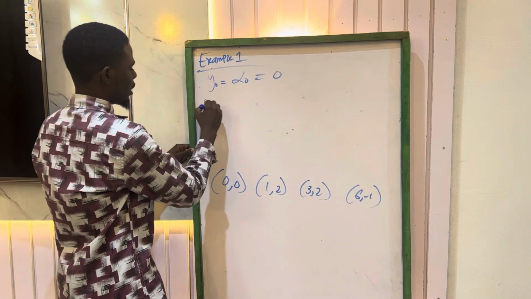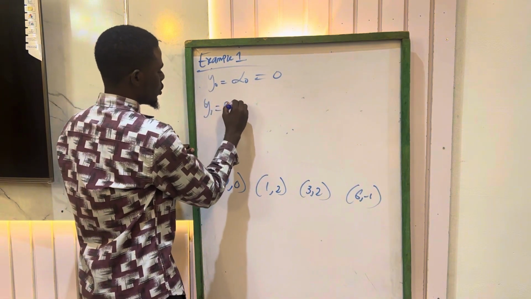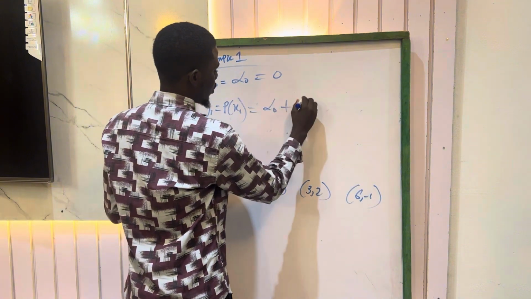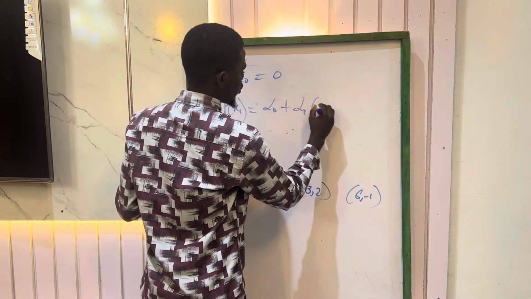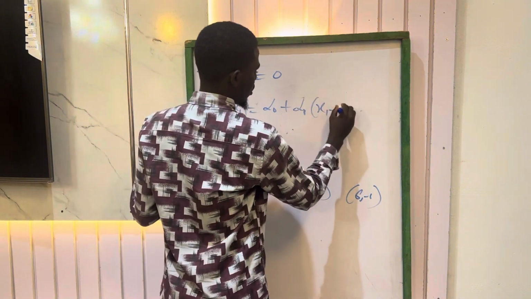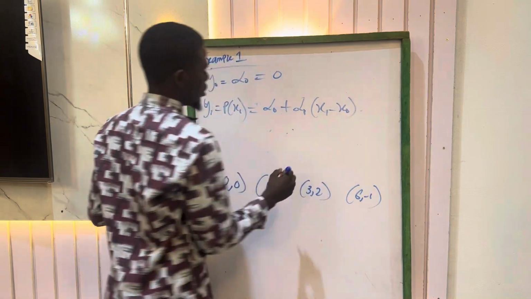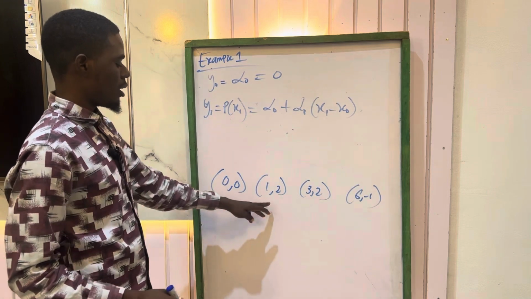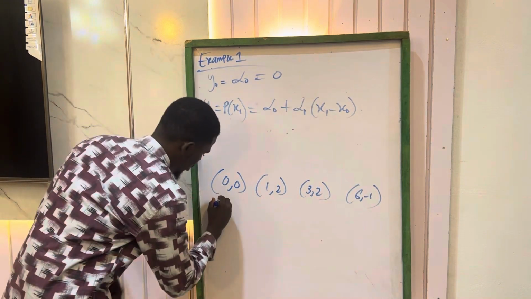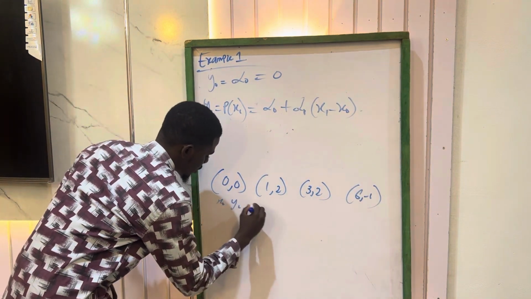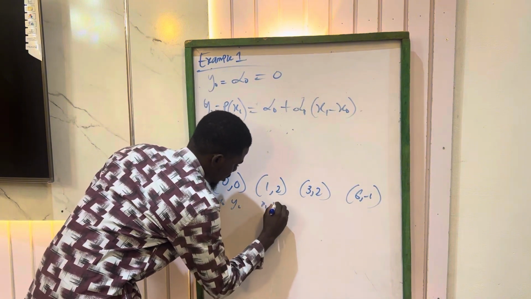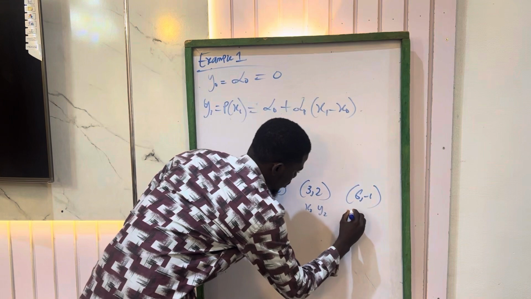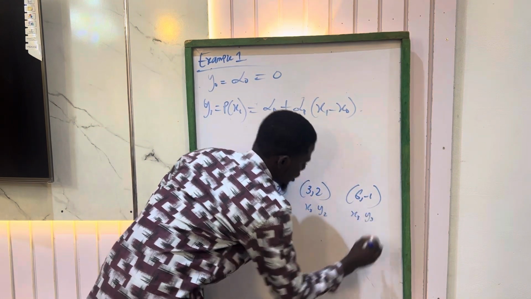So the next point is y1, which is equal to p of x1, and that is also equal to alpha naught plus alpha 1 into bracket x1 minus x naught. We just slot in the values that we already know. This is our y1, because this is x naught, this is y naught, this is x1, this is y1, this is x2, this is y2, x3, and this is y3.